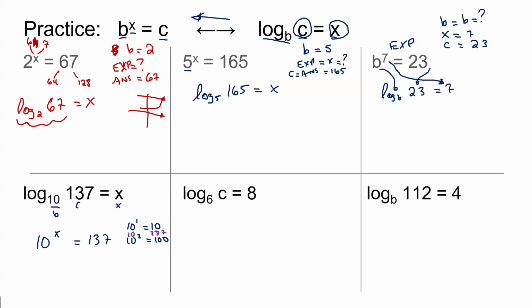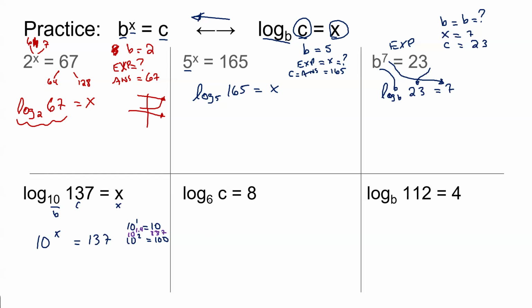So I'm going to need something like 10 raised to the 1.4 or something like that. I can start to interpolate between 10 and 100 and say, okay, I've got to be in between 1 and 2 when this happens. So that's kind of a good thing to start building right there.